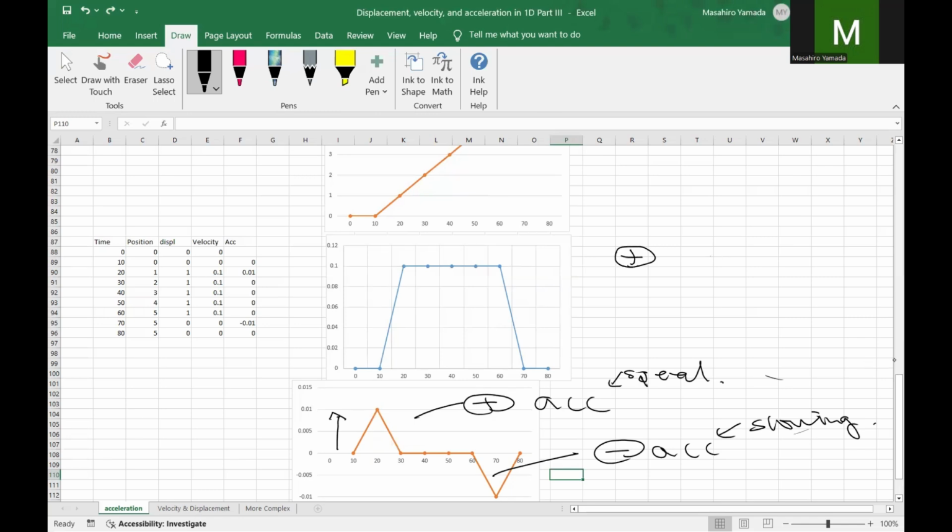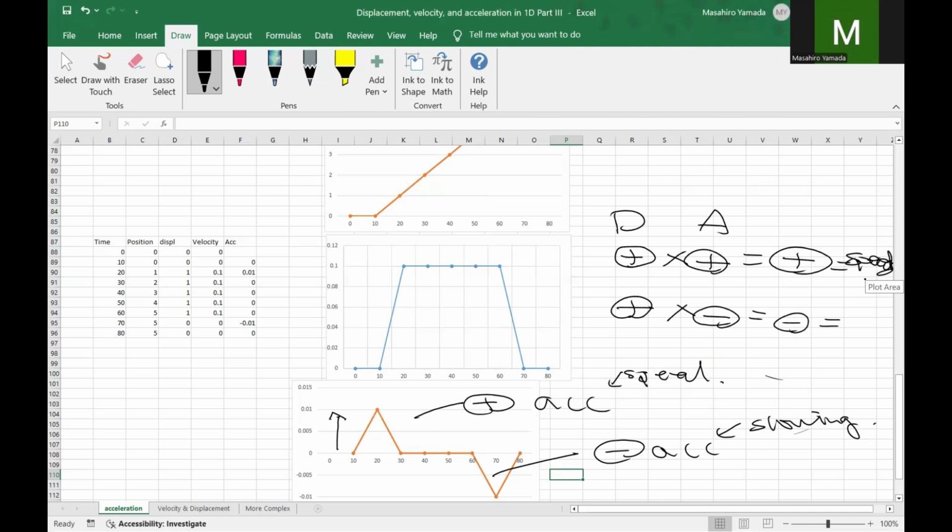Where the direction is positive and acceleration is positive, positive times positive is positive. Therefore, it is speeding up. When the direction is positive but the acceleration is negative, positive times negative means slowing down.